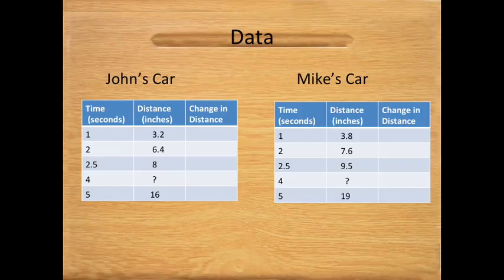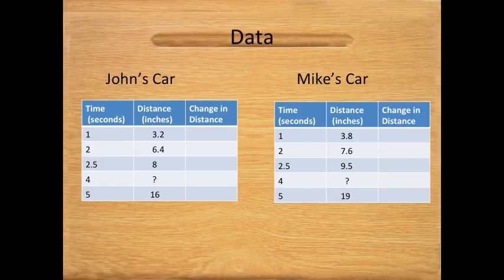We see that John's car traveled 3.2 inches in 1 second, 6.4 in 2, 8 in 2.5. Well, based on all the work they've done with ratios and this constant rate of change, if a student missed the distance at 4 seconds, could they fill that in? And there it is: at 5 seconds, it traveled 16 inches.